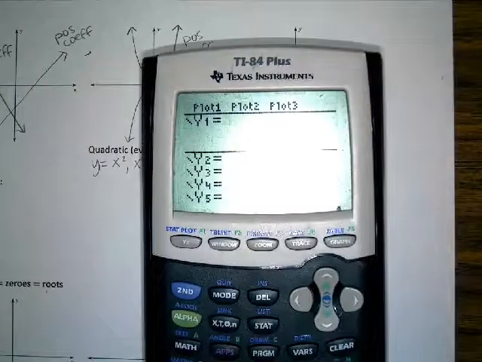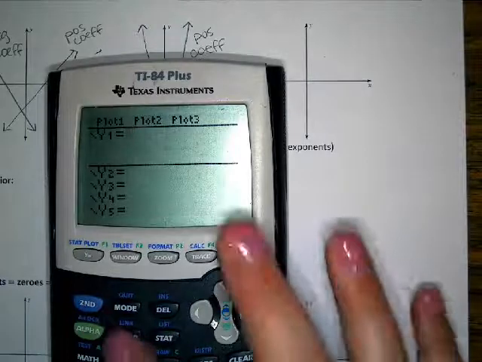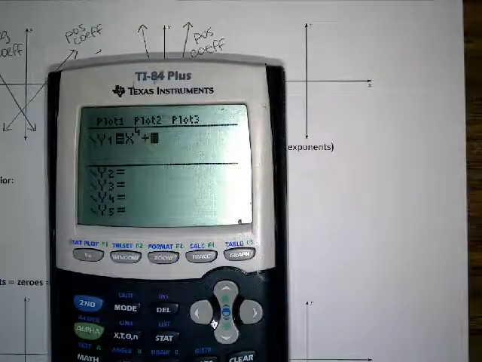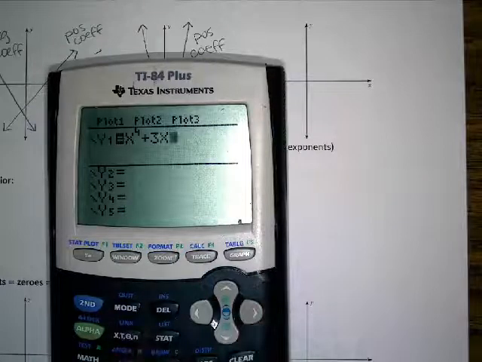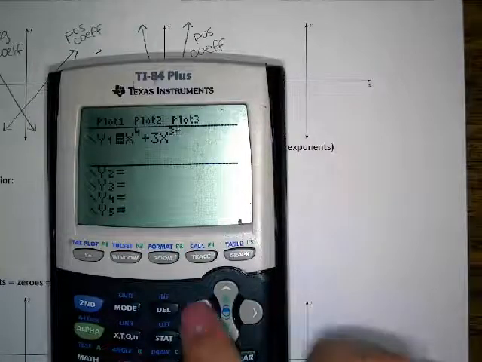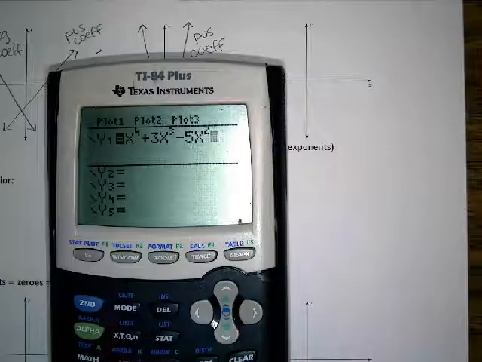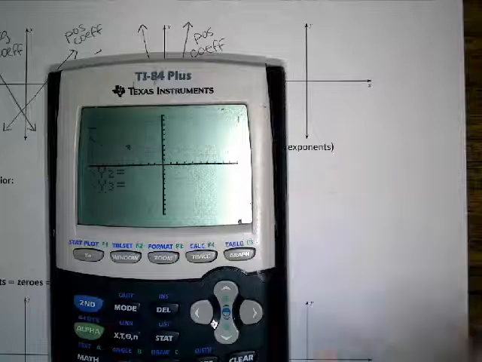Okay, and I just want to show you guys that they can kind of do squiggly stuff in the middle. So I could have like x to the 4th plus 3x to the 3rd minus 5x squared plus 3x minus 2, something like that.